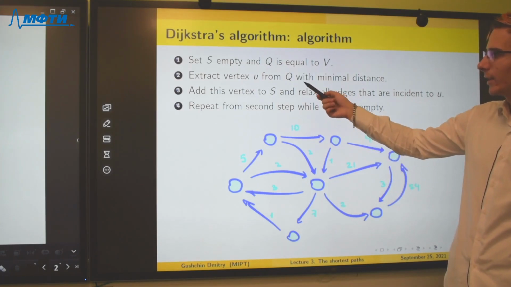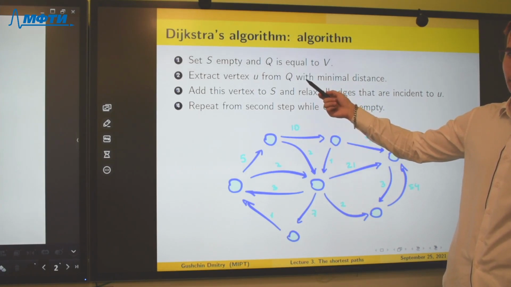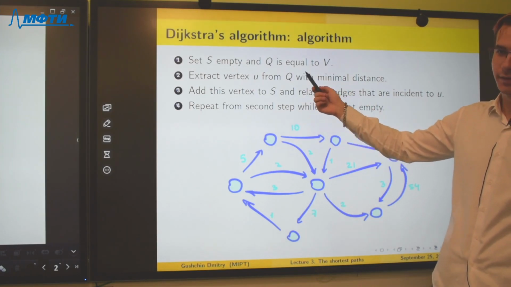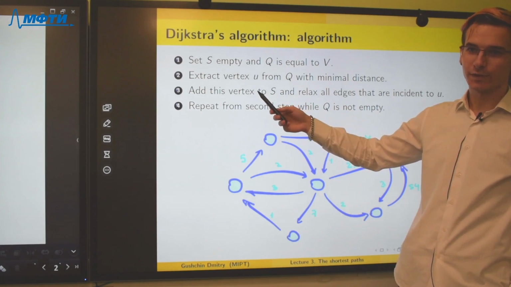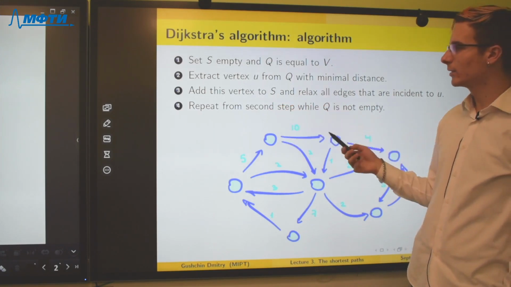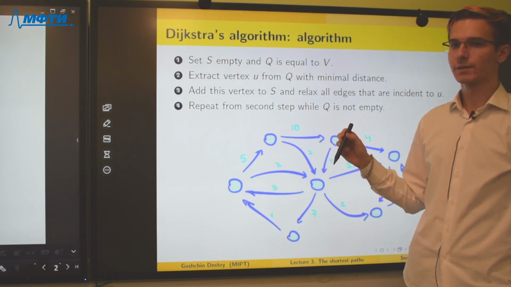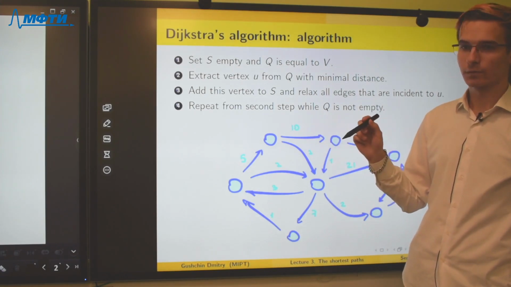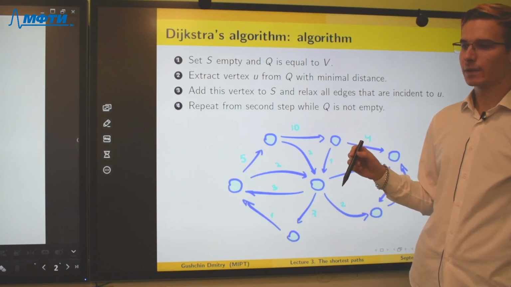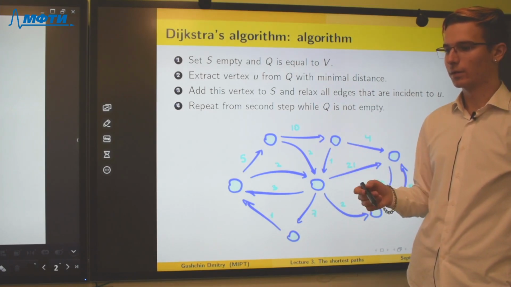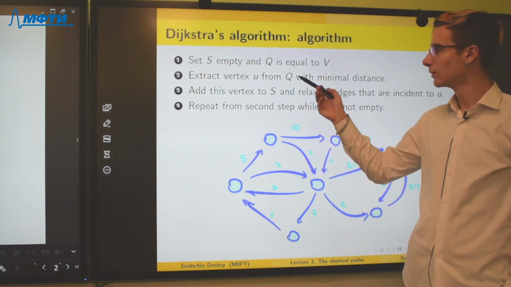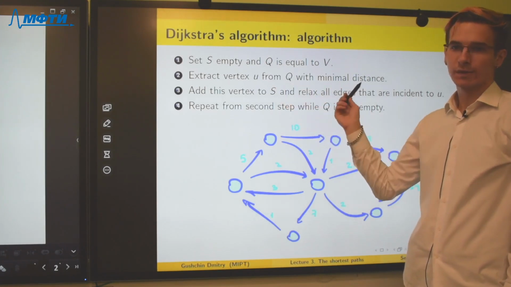We have an array of vertices, for example, or we have a binary tree or heap of vertices, and we know for every vertex what is the distance between it and source, and then we say that, okay, we can extract U with minimal distance.